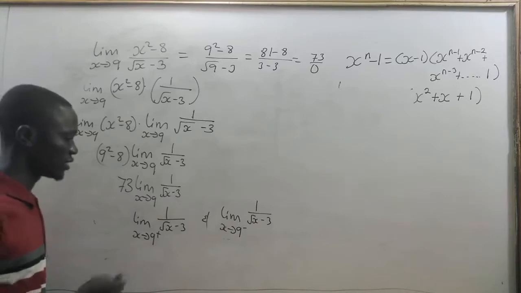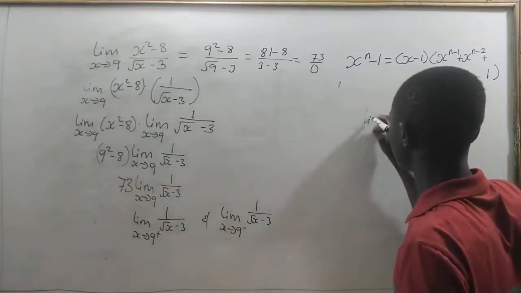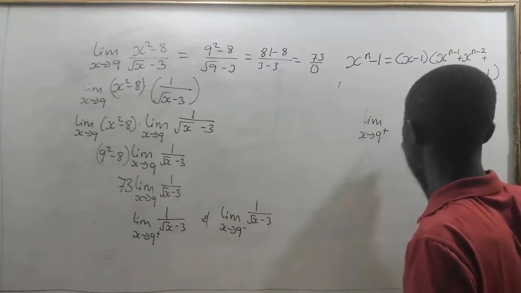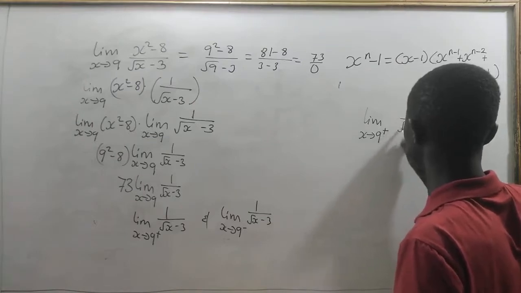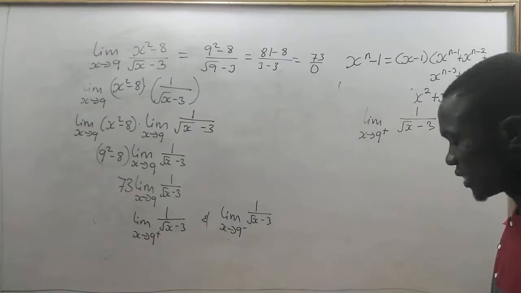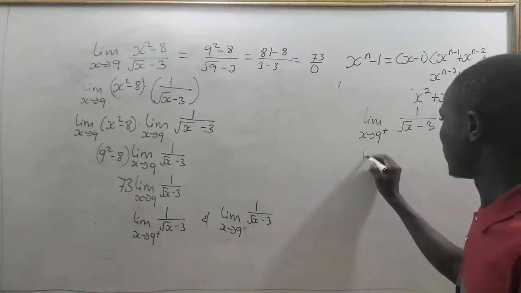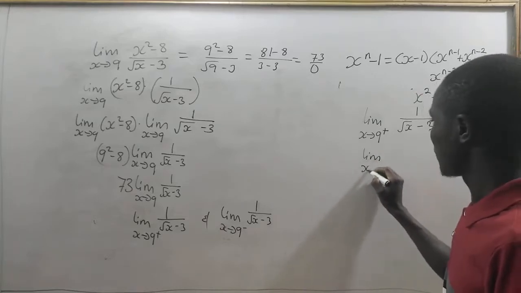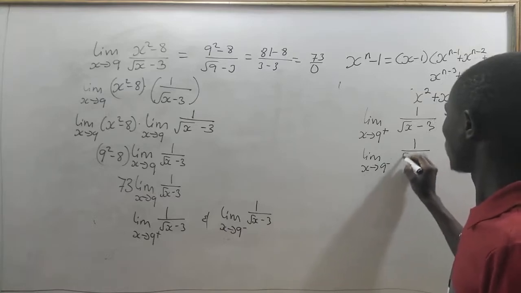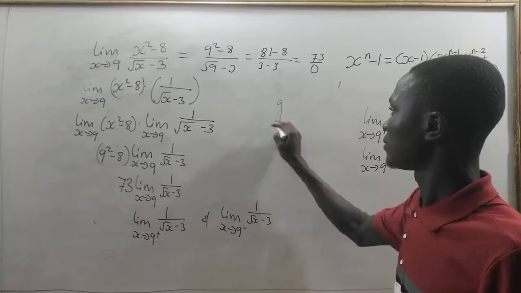We are going to use it. So we take the limit as x approaches 9 from the right of 1 divided by the square root of x minus 3, and let's take them simultaneously with the limit as x approaches 9 from the left of 1 divided by the square root of x minus 3.